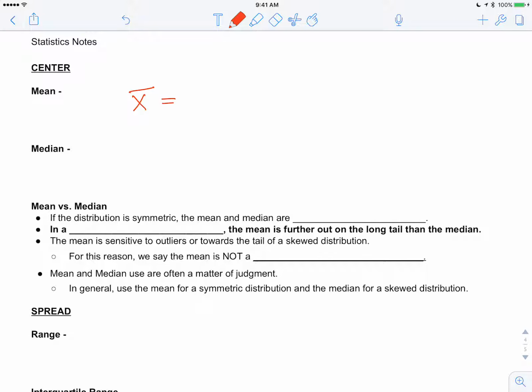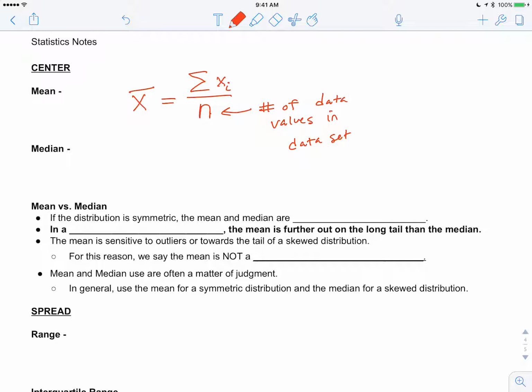It's going to be equal to the fraction. Underneath, we said it's the number of items in a data set, lowercase n. Lowercase n will always be the number of data values in the set. You're going to divide the sum, sigma notation here, of each individual data value.